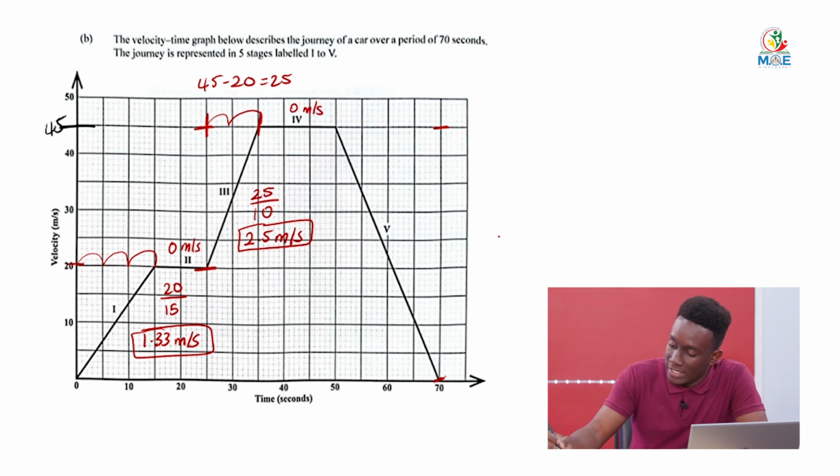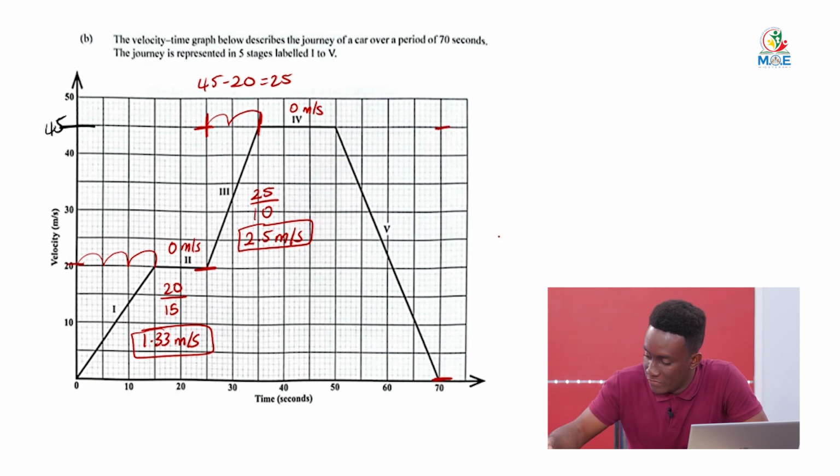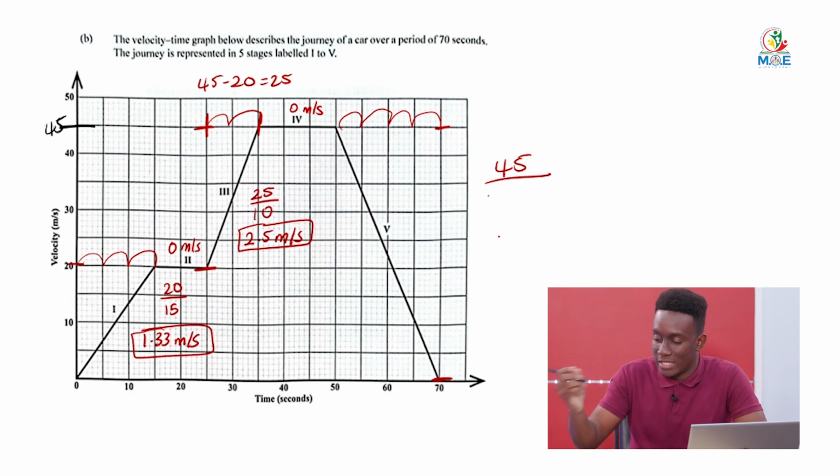And then for the final leg, we see that it's no longer accelerating, but it's decelerating. So from here to here would be 45. So it will be 45 divided by, and we see we jump back 5, 10, 15, 20. 45 divided by negative 20, since we're going in that direction.